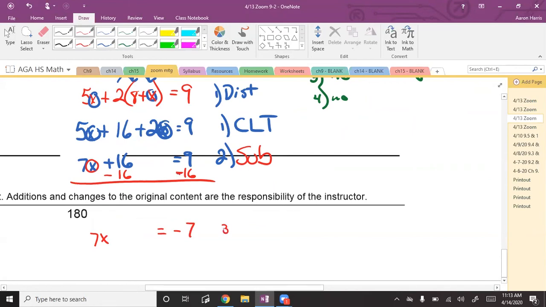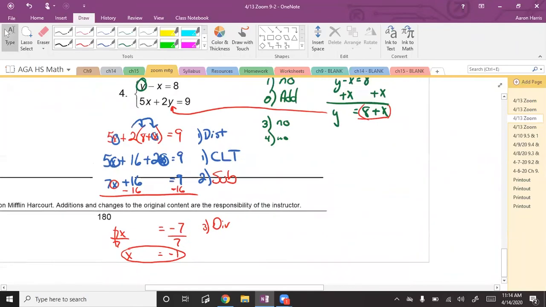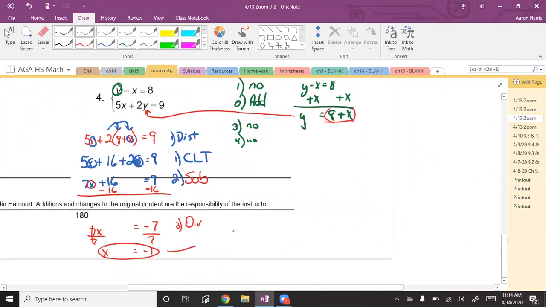Okay. Step 3, remove all multiplication division. So I'm going to divide. Divide by what? 7. So 7 divided by 7 is 1. -7 divided by 7 is -1. Now that I know that x is equal to -1, what can I do? That is correct. I can substitute it back in, and now I can solve for what? y.